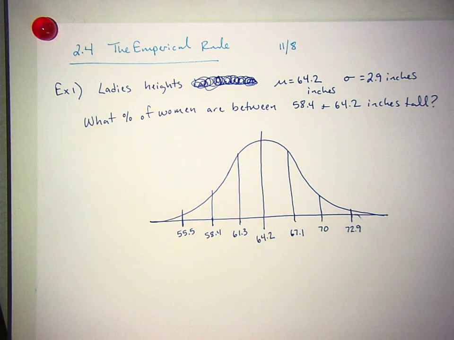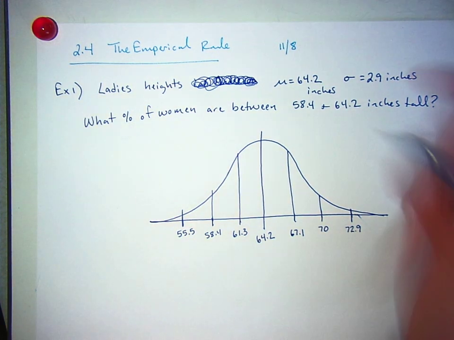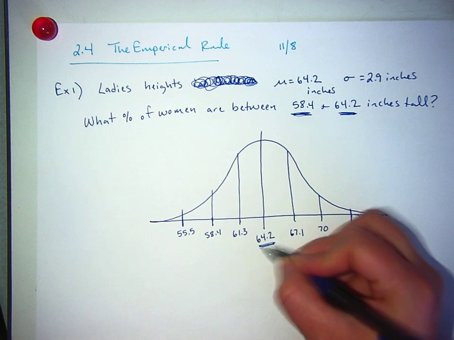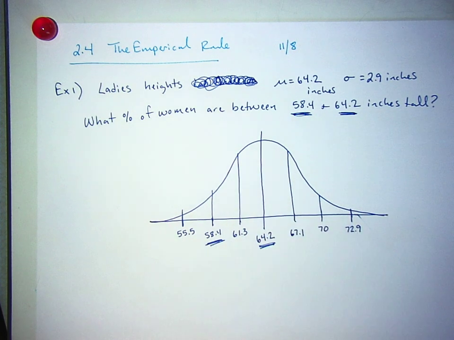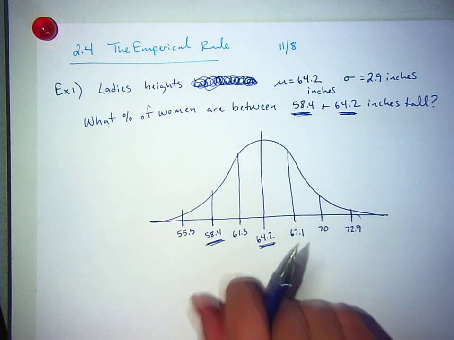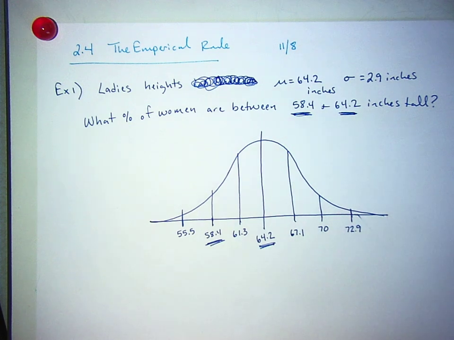And if you're wondering, how crazy is it that 58.4 and 64.2 happen to be on here? It's not crazy. It's going to be exactly like that because all you know so far is the empirical rule. Next section, I'll teach you how to find z-scores, which means that we'll be able to find how many standard deviations away any piece of data is to the nearest hundredth. But right now, we only have 1 standard deviation, 2 standard deviations, 3, -1, -2, -3.